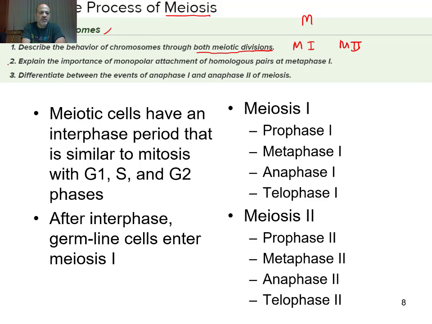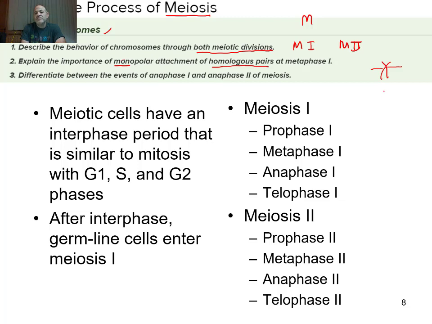Then your second learning outcome is to explain the importance of monopolar attachment of your homologous pairs at metaphase 1. This is key here because during metaphase of mitosis, each individual chromosome has sister chromatids, and each sister chromatid attaches to opposite poles.